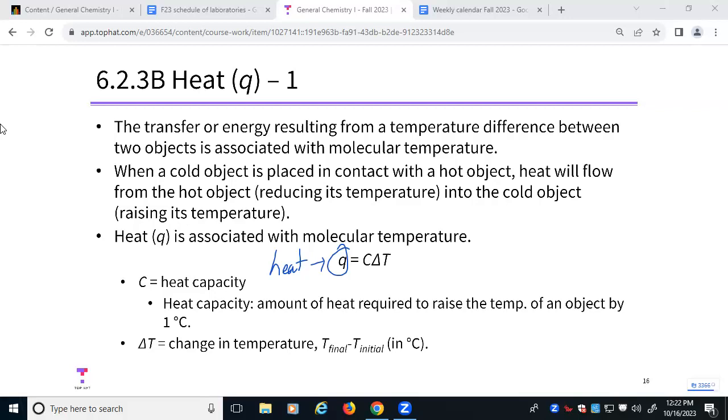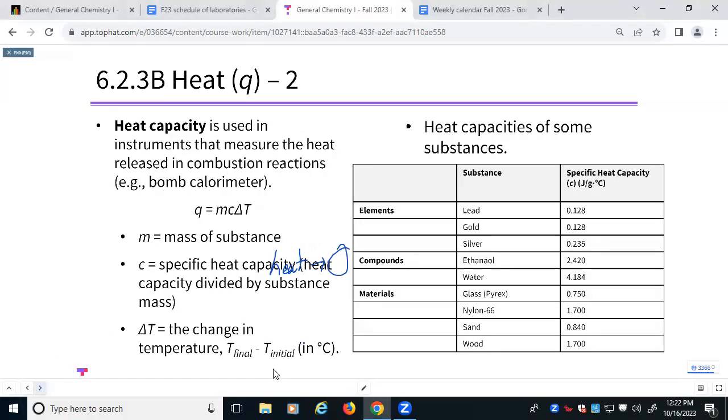What we see is this equation has a cousin, and that cousin allows for one other factor to be introduced. So heat capacity tends to only be used in very specific situations.